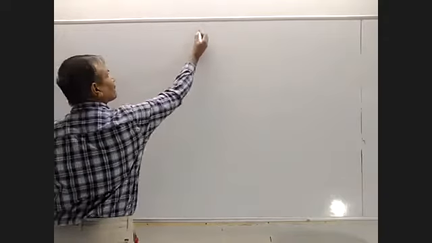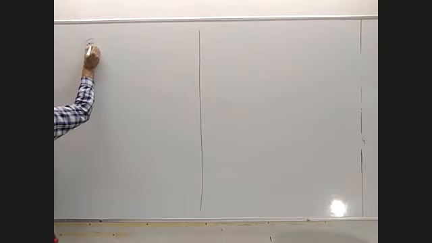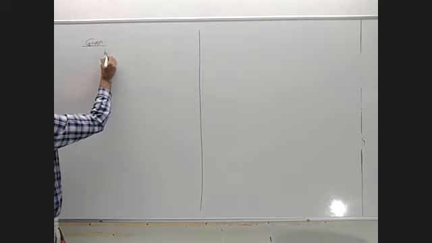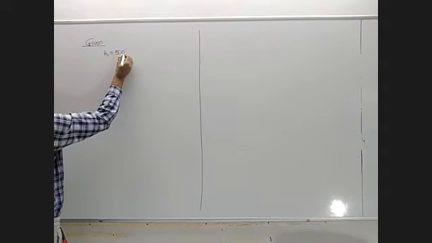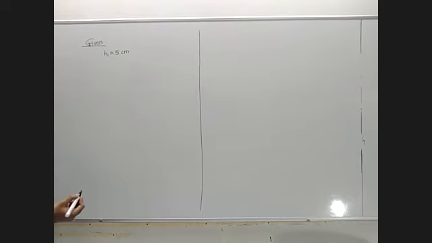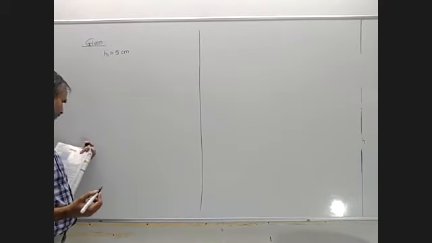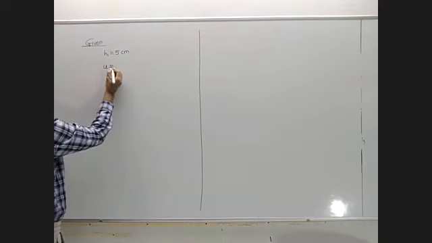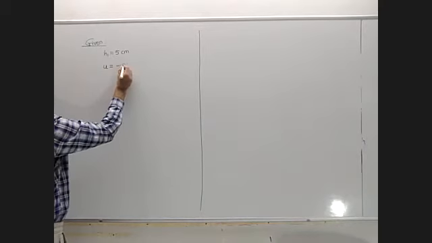Look now, while solving the problem, first you need to write the given things. A 5 centimeter high object, that is height of the object is given. h1 is 5 centimeter. It's placed at a distance of 25 centimeter from a converging lens. So distance of object is given, that is u, 25 centimeter.